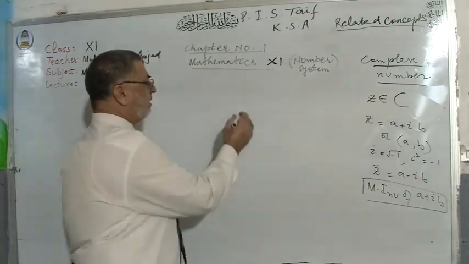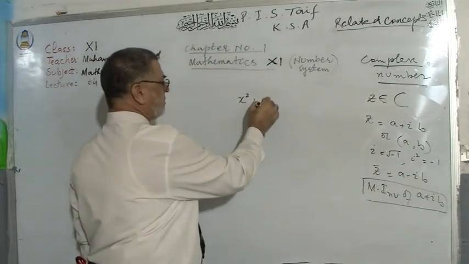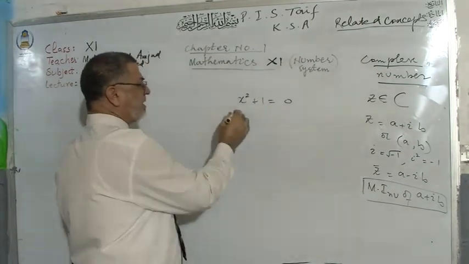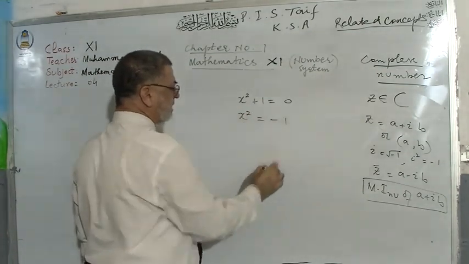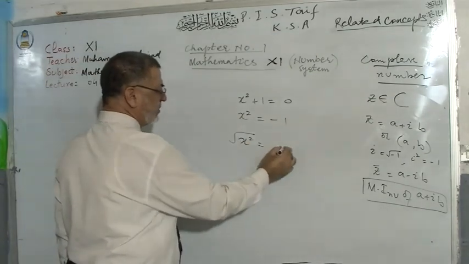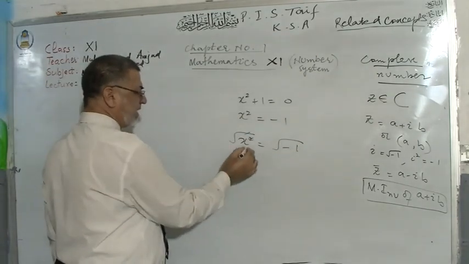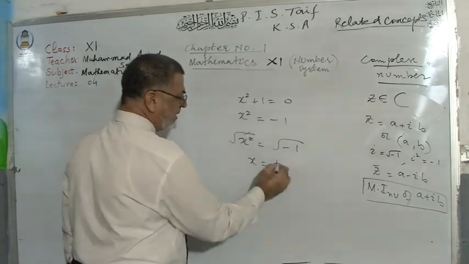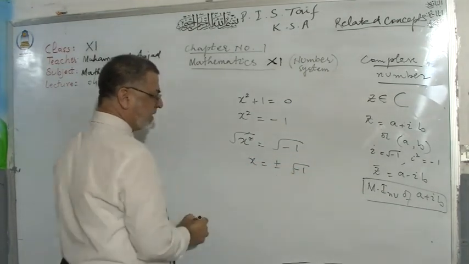For example, x square plus 1 is equal to 0. If we simplify it, x square is equal to minus 1, and taking square root on both sides, the square root cancels out. Here will be plus minus minus 1 under root.